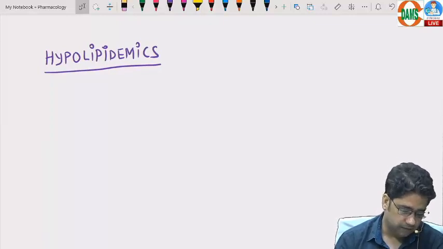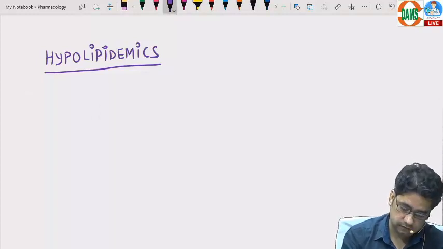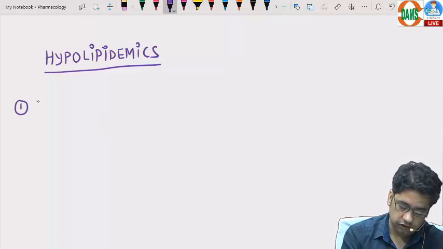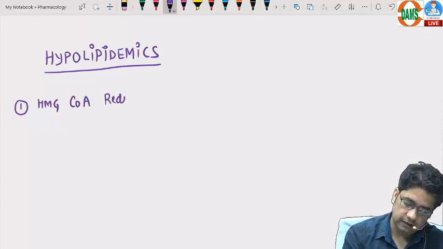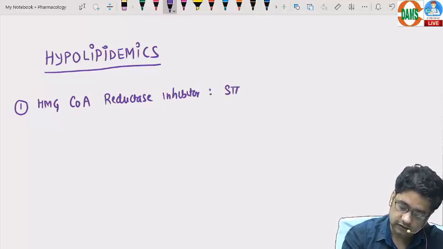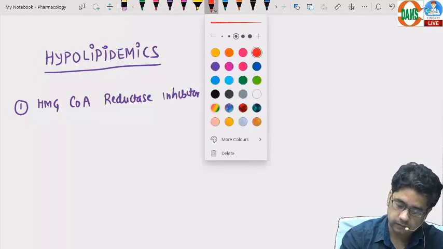So hypolipidemic drugs. First we will write the list of the drugs. First you will write HMG-CoA reductase inhibitors. These drugs are known as statins.